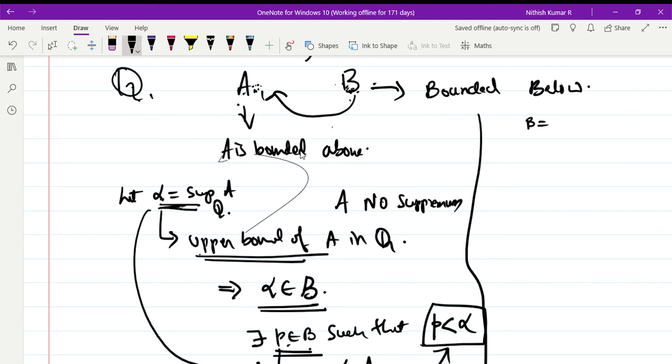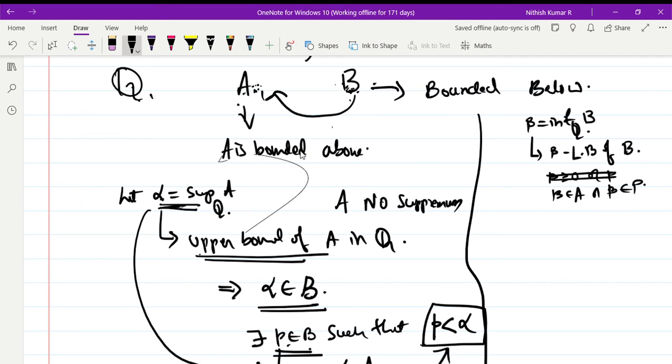Say beta is equal to the infimum of B over Q. Now this implies beta is a lower bound of B. Now the set of all lower bounds of B is nothing but A union P. That means beta belongs to A or beta belongs to P, but beta cannot be in P because elements in A are greater than 0, and elements in P are less than or equal to 0, and beta is a lower bound.